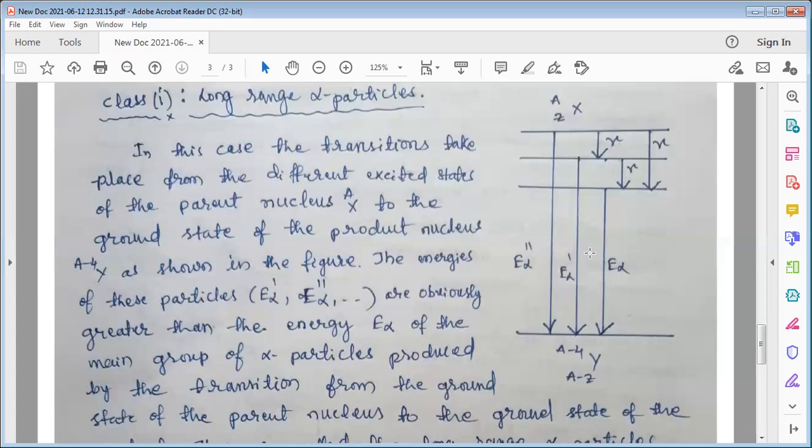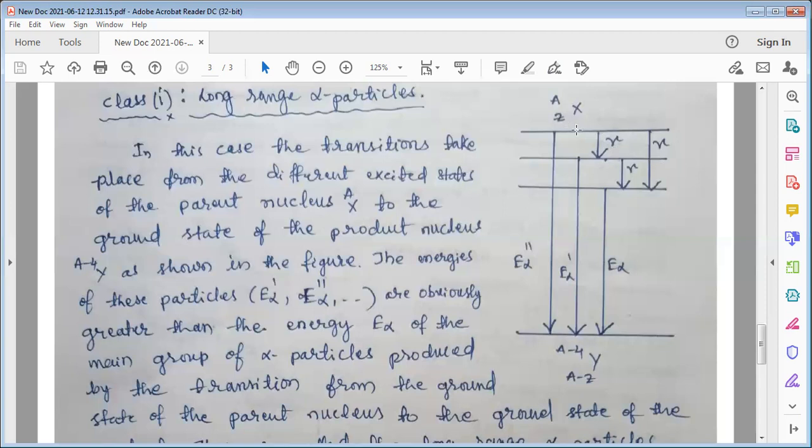In this way, the different alpha particles with different energy are emitted because of these various transitions. Suppose in this process the parent nucleus takes some transitions between its own states, then there will be emission of gamma rays.